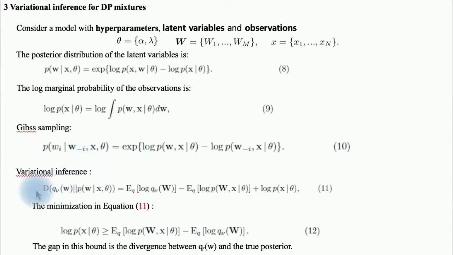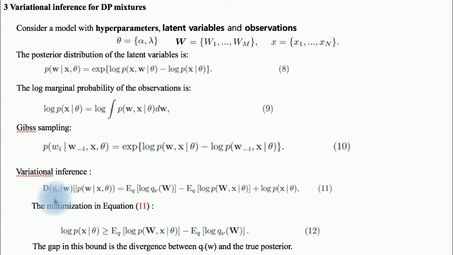On the other hand, variational inference is based on reformulating the problem of computing the posterior distribution. It is based on optimizing KL divergence with respect to a so-called variational distribution.